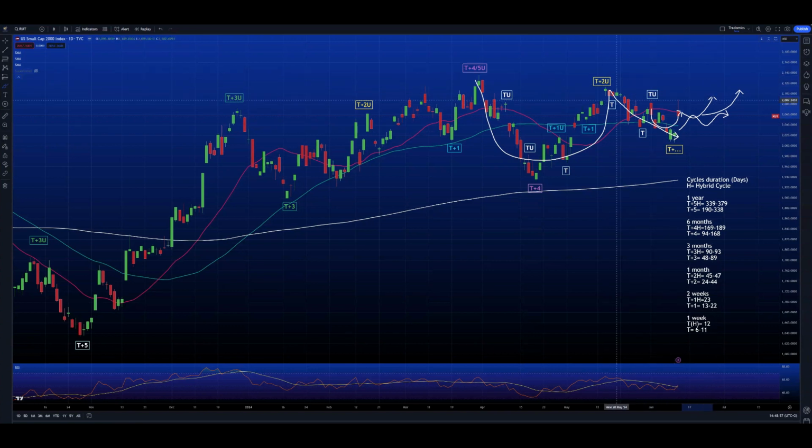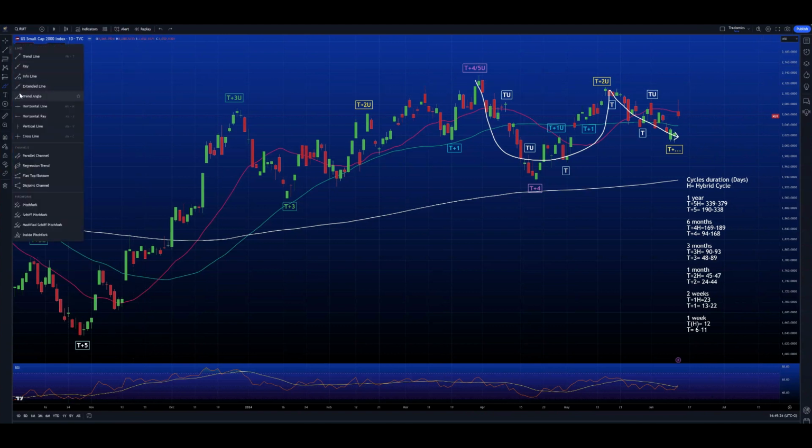Okay, so here the probability to have a push more to the upside is more probable, because from this low we are expecting a T plus 2, then a push to the upside, and at the same time we are expecting to close a T plus 3. Okay, so here mostly for the next weeks we can expect a further push to the upside.